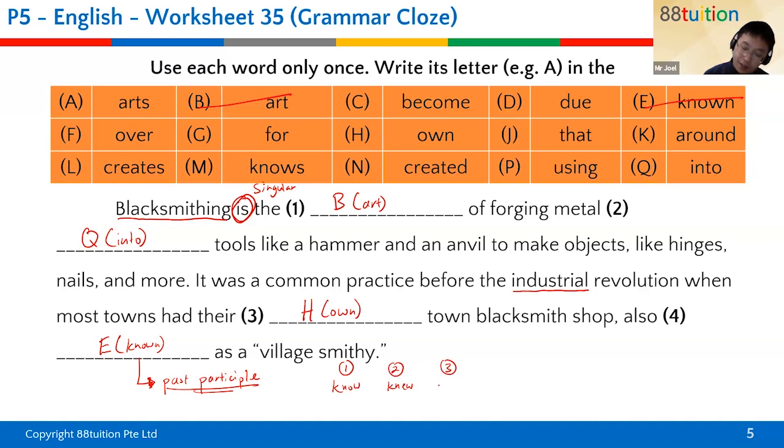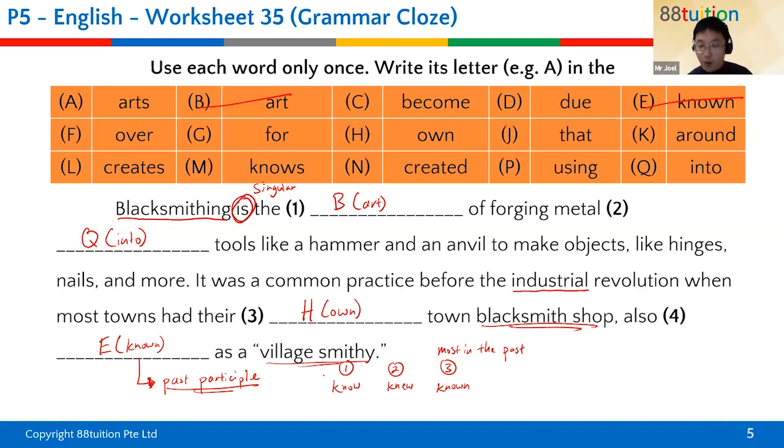And the third form of this is known. Okay? There really isn't a fourth form. Fourth form is just adding ing behind, basically. So when we say the third form, right, it's actually the one most in the past. That's why it is known, which means it is known, like everyone knows it, right? It is known as a village smithy. So we can call it a blacksmith shop. We can call it a village smithy, both work.